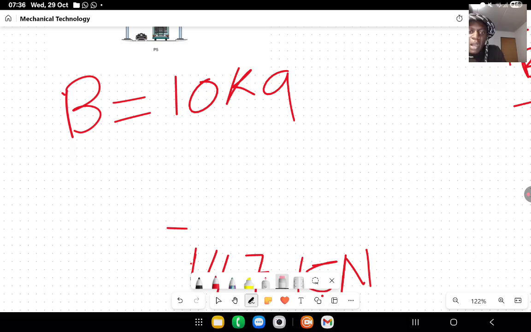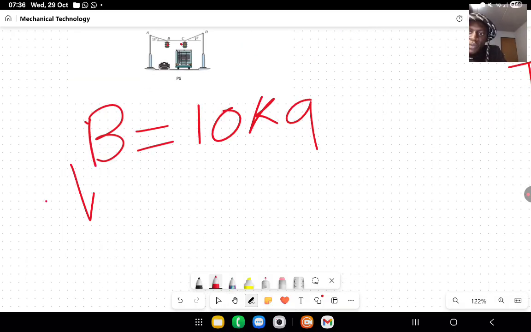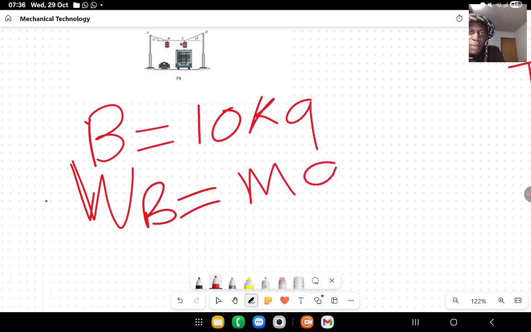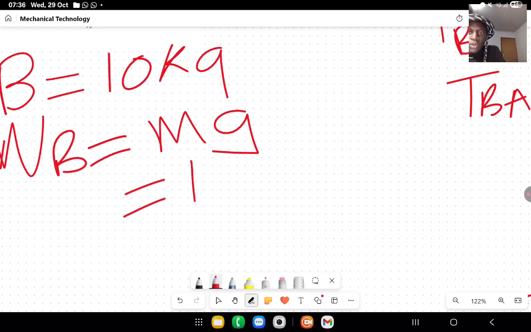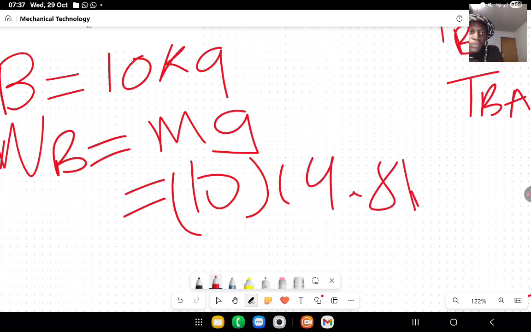Whenever you have mass, always know that you will get weight, because we have the constant. Therefore we are going to find weight at B. How? We are going to say mass multiplied by gravity. Therefore our mass is 10 multiplied by 9.81.